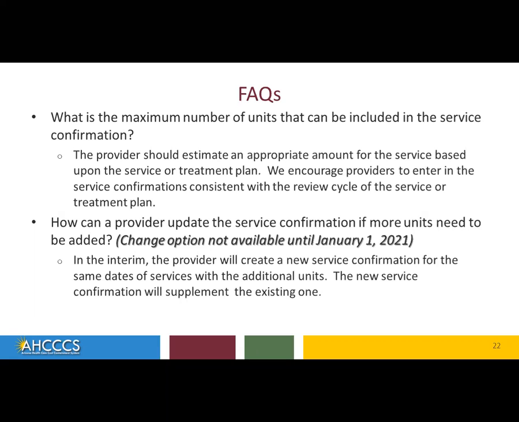But in the interim, if you start using it and realize between now and December 31st that you need to add additional units, just submit a new one that adds in those additional units, and it'll act as a supplement to the one that you already put in there. But again, we'll have some functionality in place to support those scenarios in the future.